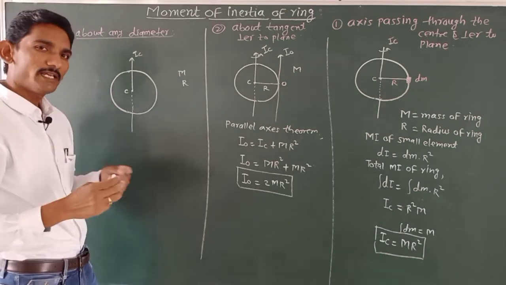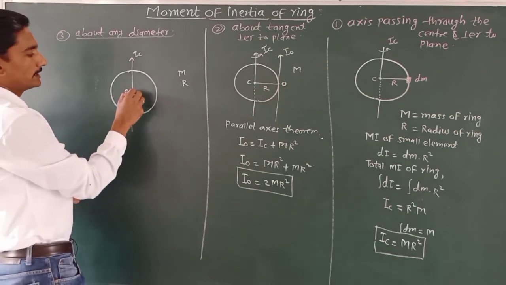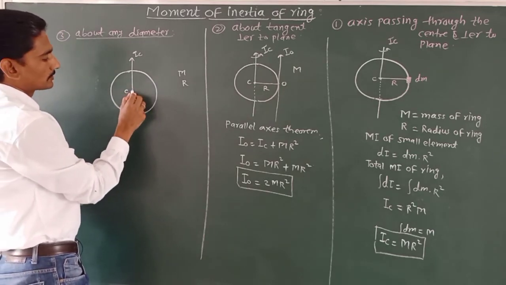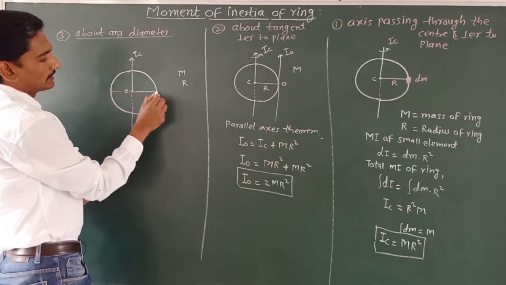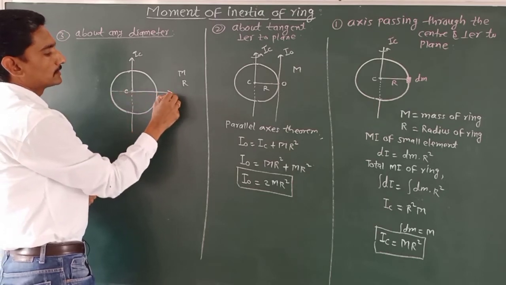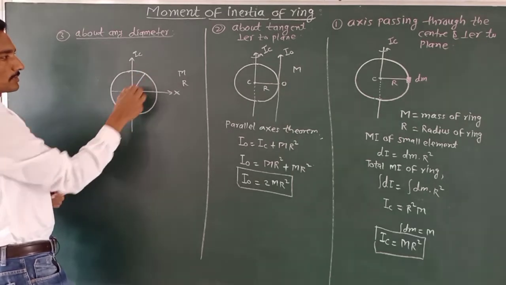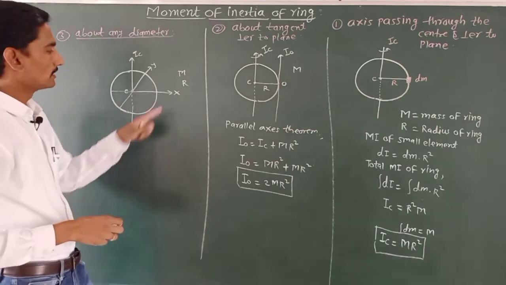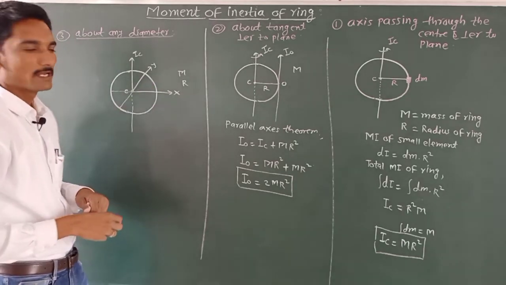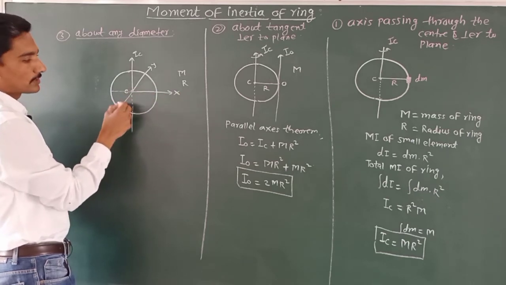Now we can consider any diameter for this uniform, thin circular ring. Suppose this is the diameter which is passing through the x axis, or this is the diameter which is passing through the y axis. Suppose we are going to consider these two axes x and y, and the axis of rotation is passing through them.